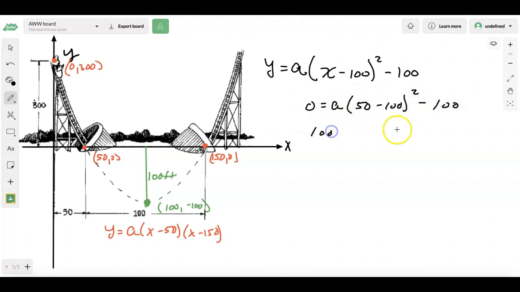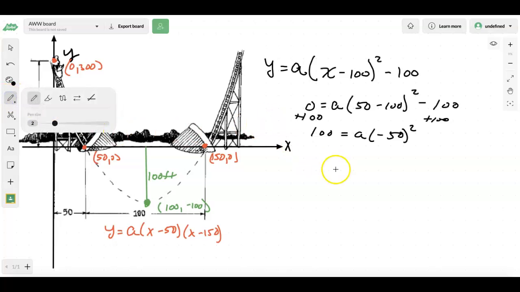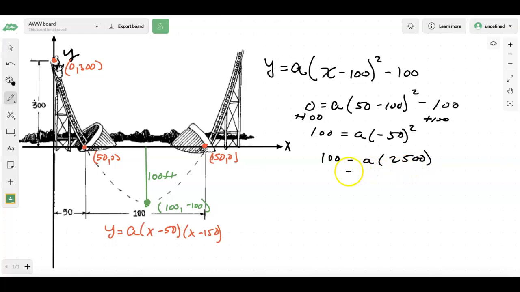In doing that, add 100 to both sides. We just make it a little bit easier on ourselves. 100 equals a times a quantity of 2500. Divide both sides by 2500, and we get that a equals 1 over 25.